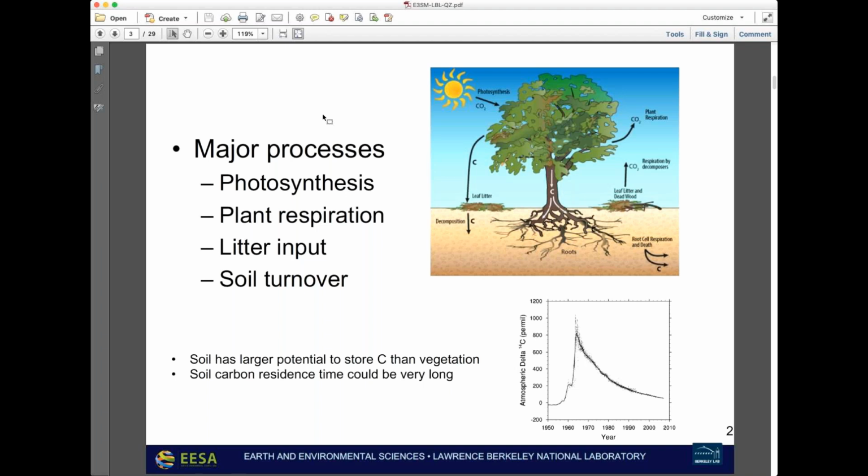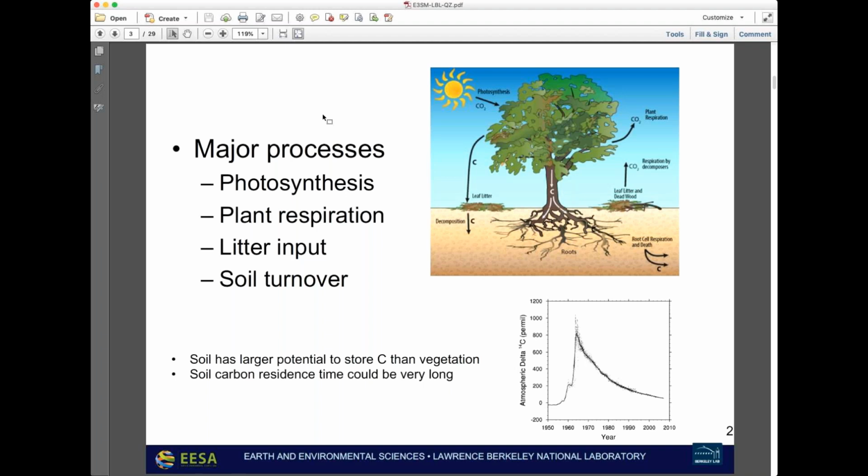And then at present day, from 1960 to 1970, we impose this atmospheric delta 14C time series, which gives the land surface a lot of 14C, and then together with the 12C, it cycles through the system.